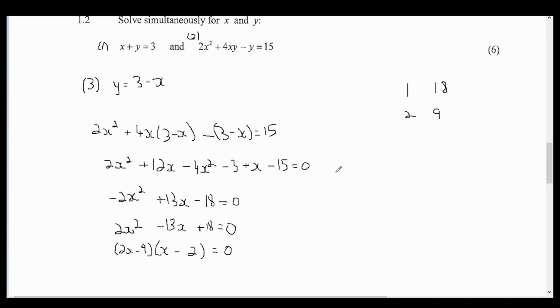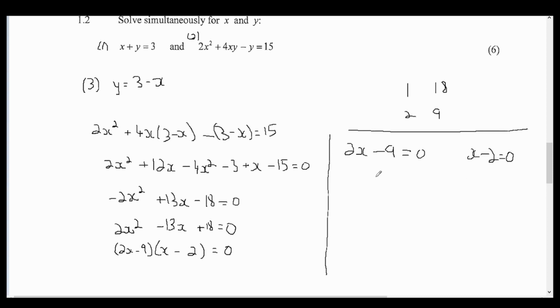Okay, let me continue writing over here. So then we have 2x minus 9 equals 0, and x minus 2 equals 0. So we just solve for them as normal.